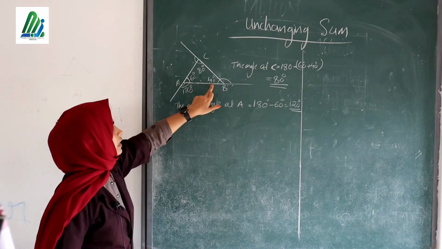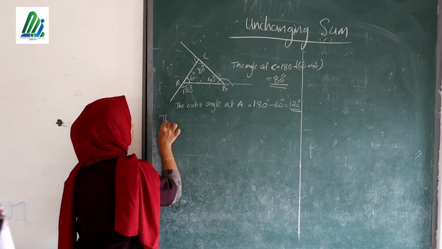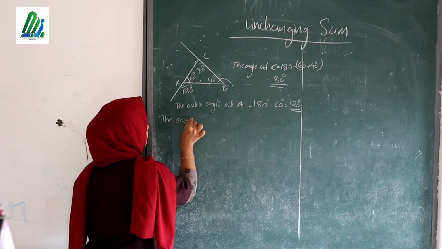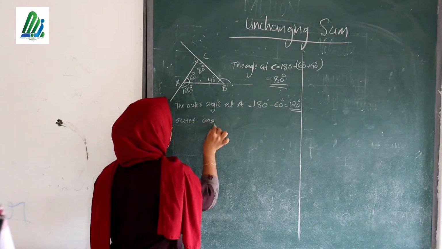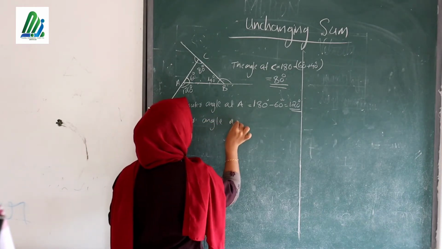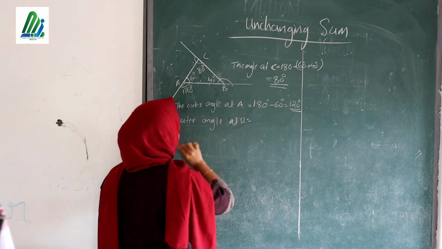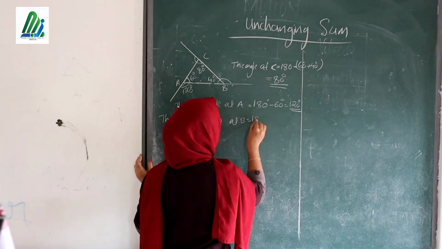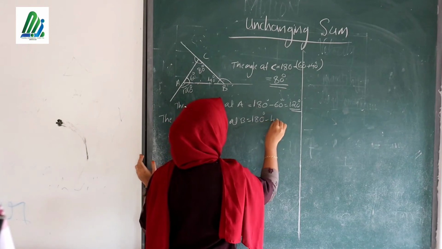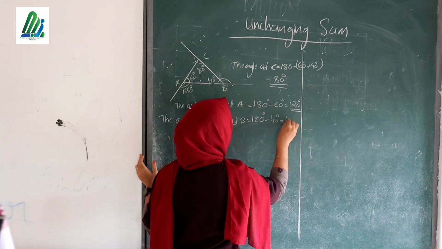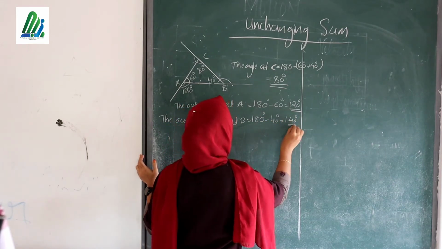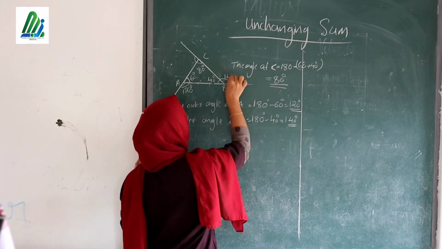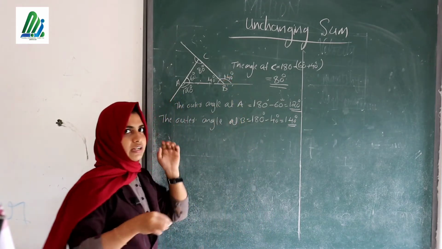Then the outer angle at B is 180 minus 40 degrees, so we get 140 degrees.